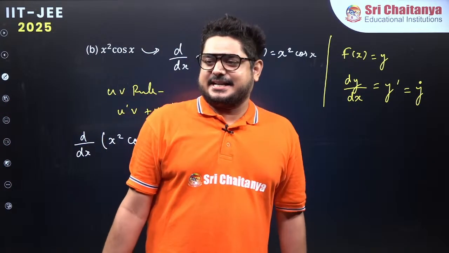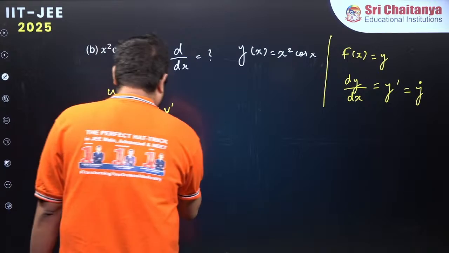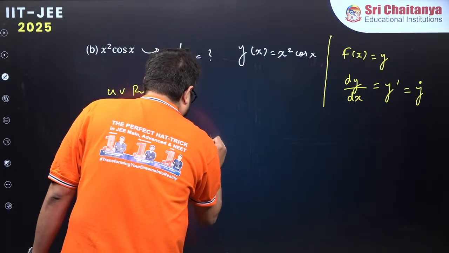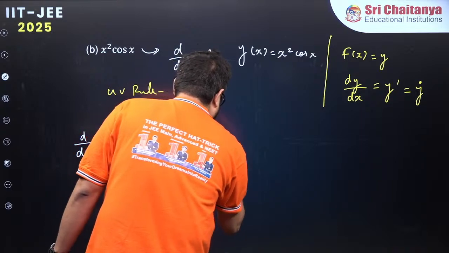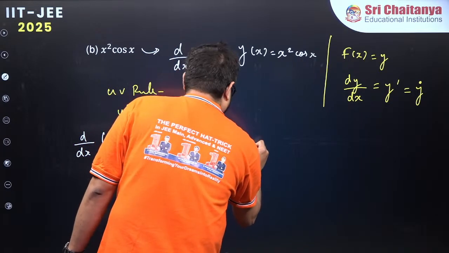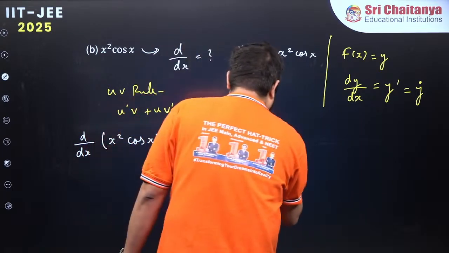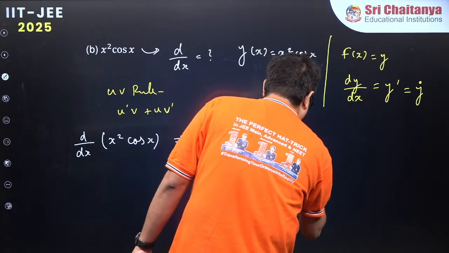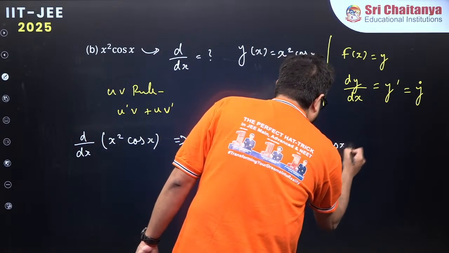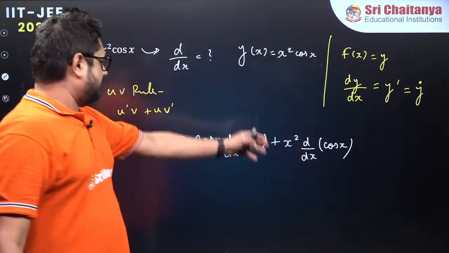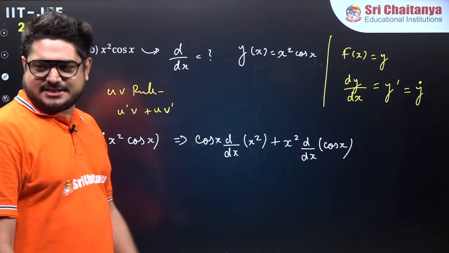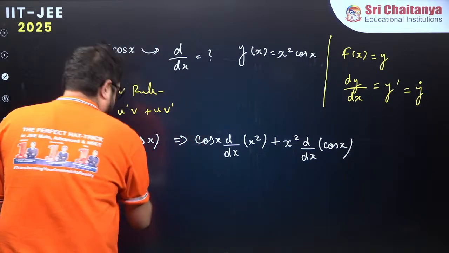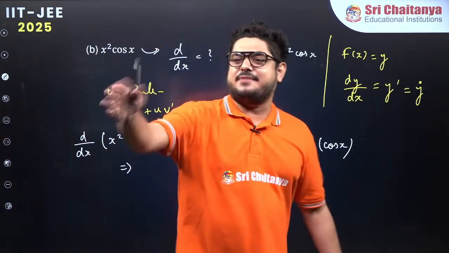What I will get is equivalent to this: first of all, take cos x as a constant and x square to be a variable, plus x square to be a constant and cosine of x to be a variable. That's the expression, isn't it? Now everyone say, what is d by dx of x square?